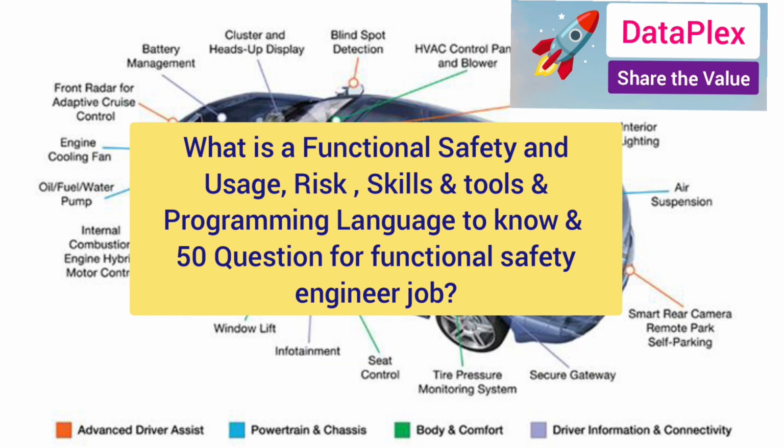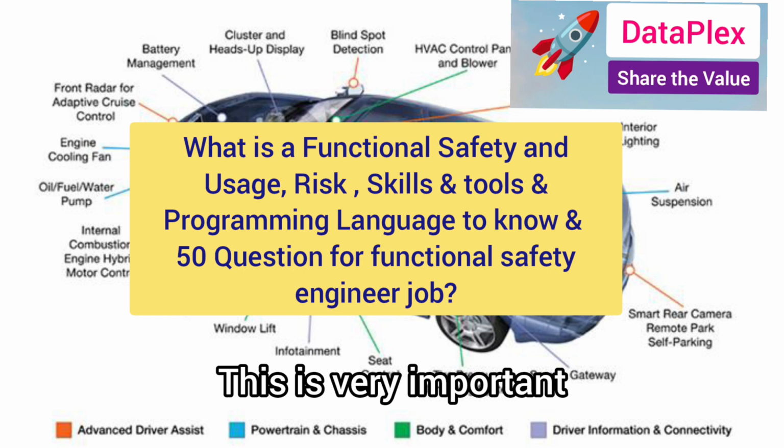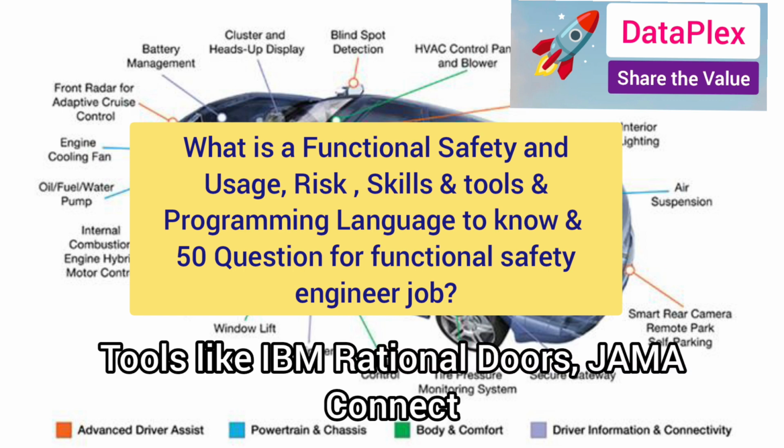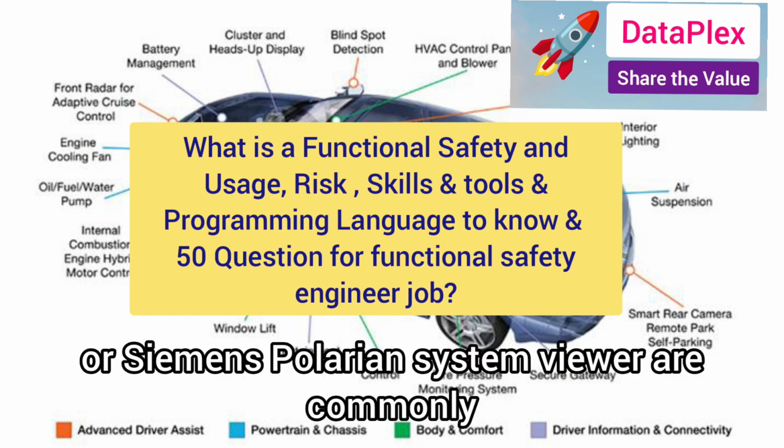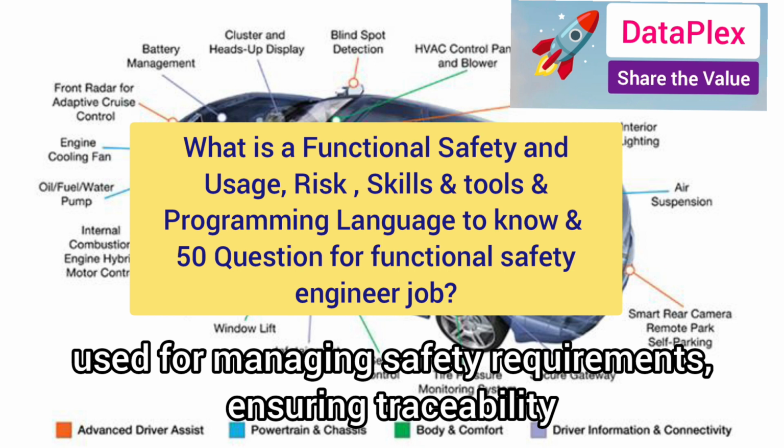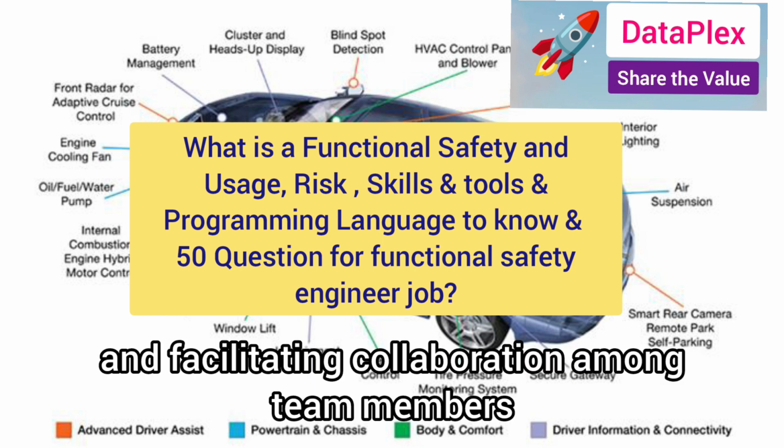Number 1, requirements management tools. This is very important. Tools like IBM Rational DOORS, Jama Connect, or Siemens Polarion are commonly used for managing safety requirements, ensuring traceability, and facilitating collaboration among team members.